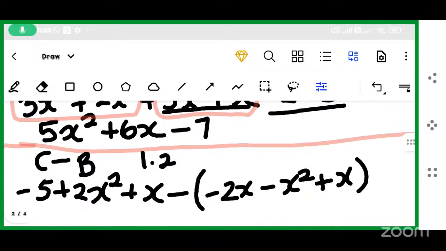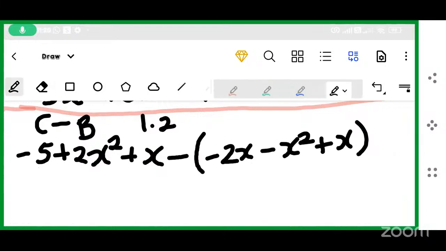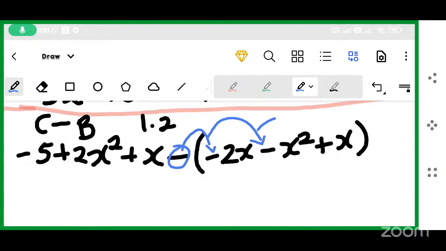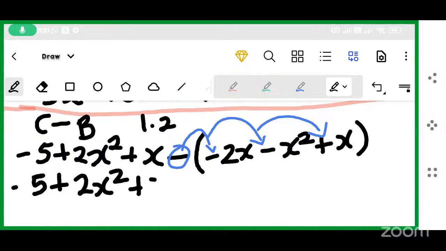So what do we do first? We remove the brackets. The sign that is outside is going to multiply each and every sign that is inside, so that we can see whether the signs are going to change. So we just write our first part, which is -5 plus 2x squared plus x.